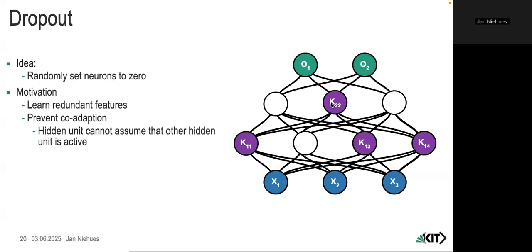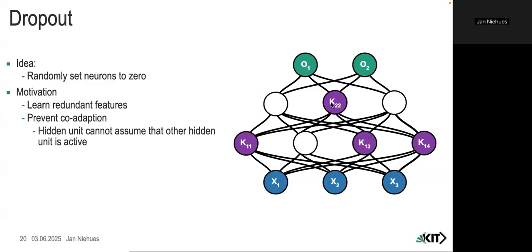It shouldn't learn things in only one place, but should extract the important part several times and be redundant. Furthermore, it should prevent co-adaptation: you cannot assume that some other unit is also active and somehow use that, but you should have all the important information stored there.